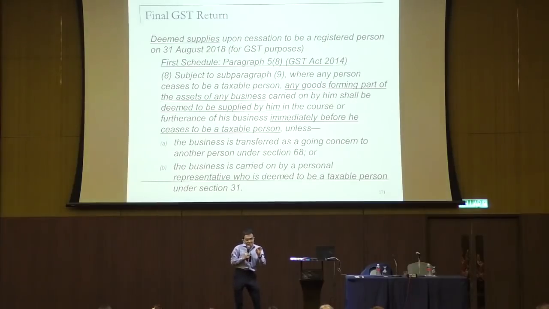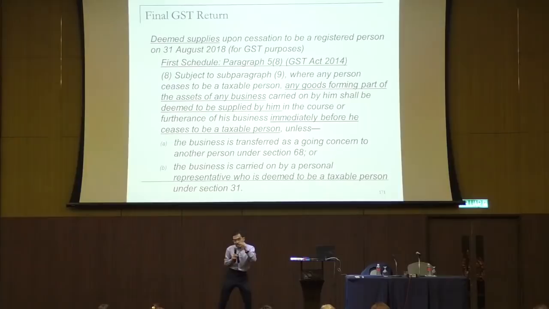How come you didn't deem supply your assets, your goods? And your final GST return could be deemed to be an incorrect return. You can be fined 50,000, you know. So you're giving Customs an excuse to fine you lah. And you know lah, our government is short of money. 50,000 is also better than nothing. So very clear, the law says you must deem supply. Even though there is no tax impact, you need to deem supply.